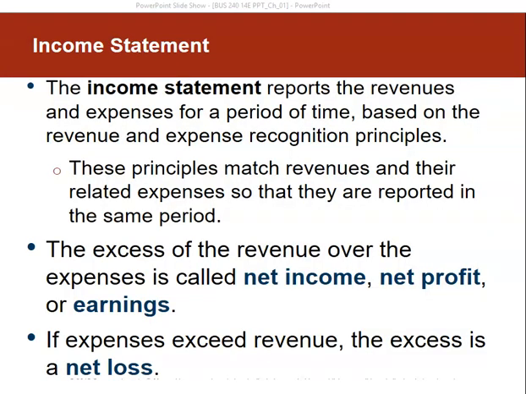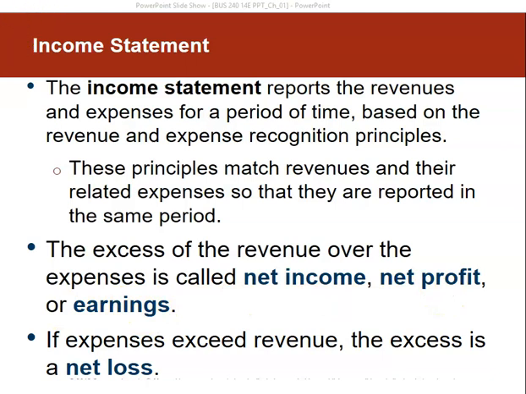So let's talk a bit first about the income statement. The income statement, as the previous slide says, reports revenues and expenses for a period of time. So we take essentially all of the money that we receive from our customers, and then we're going to subtract out from that figure all of our expense items. And when we do that, we say, okay, if we have more revenue than expenses, we have net income or net profit, or simply earnings.